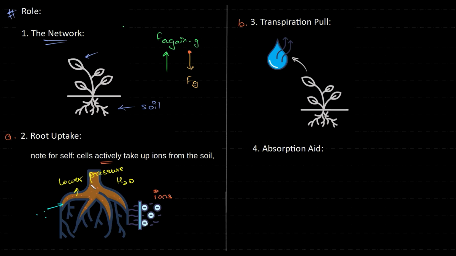And because the water moves in, there's a lot more water here compared to the top of the plant. As a result, what happens? The water starts going up. And how does it go up? With the help of xylem. Again, I repeat, the cells in the root actively take up ions from the soil.